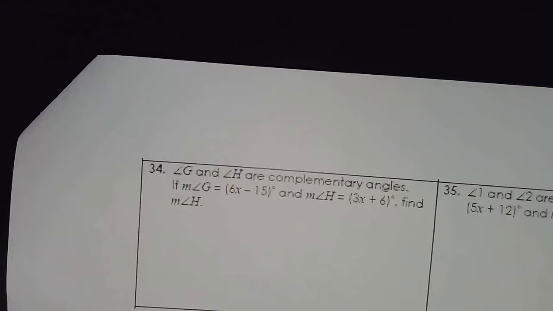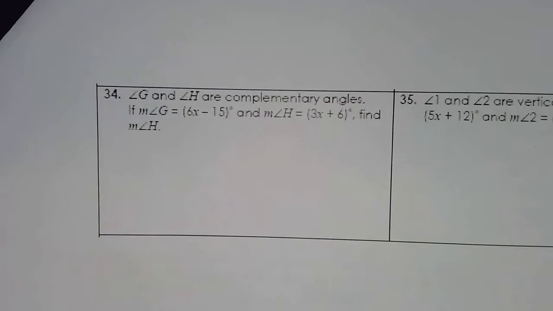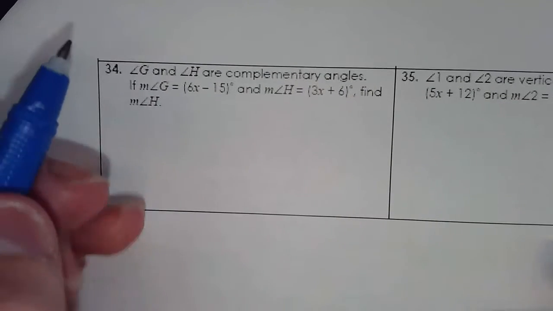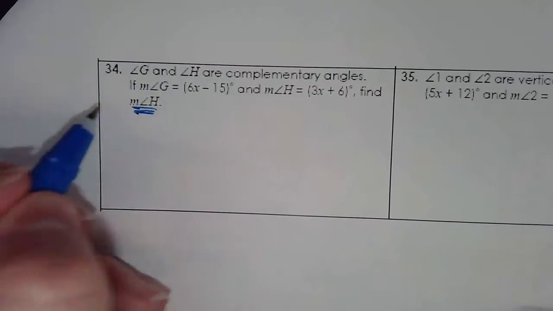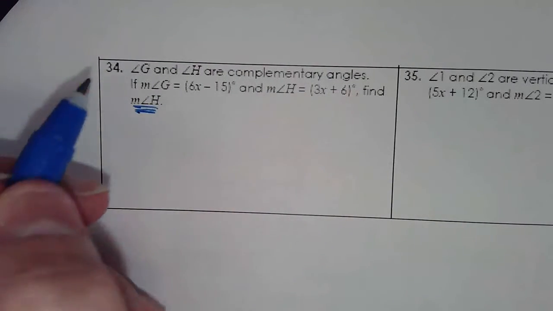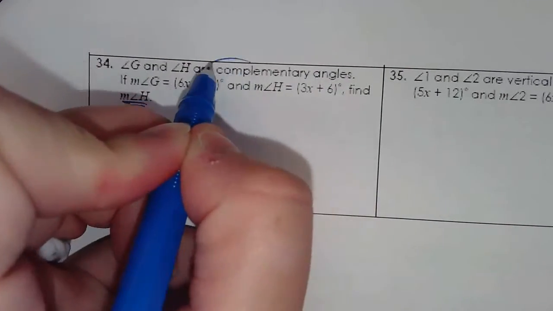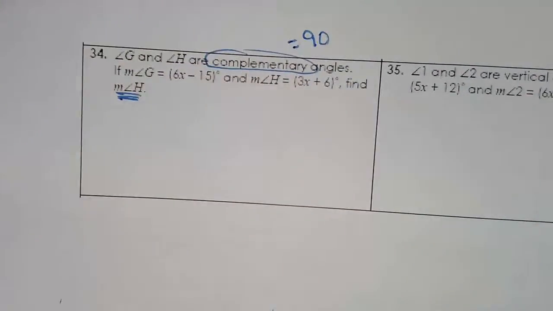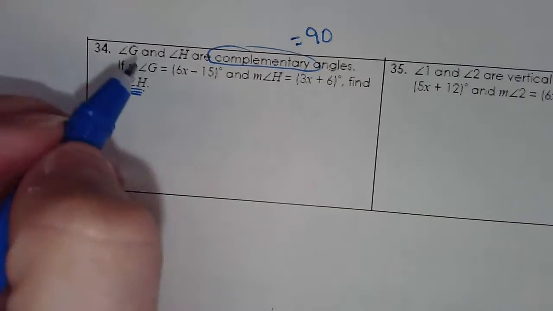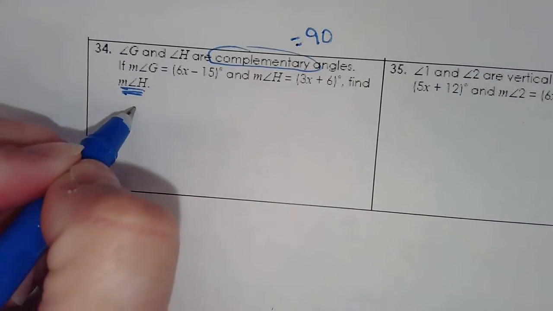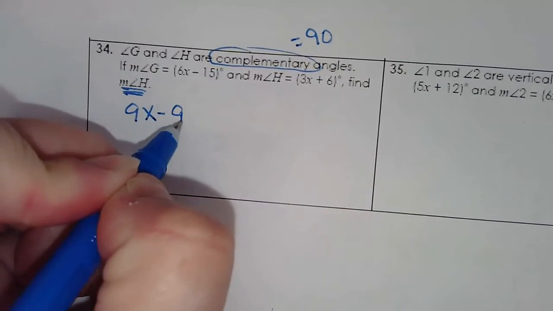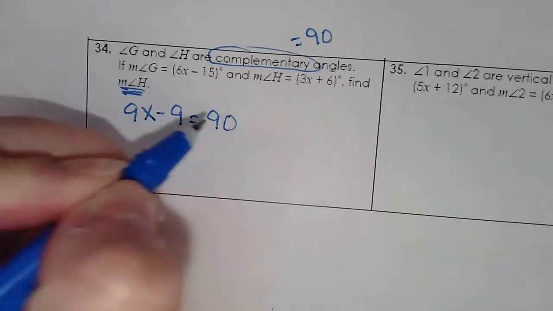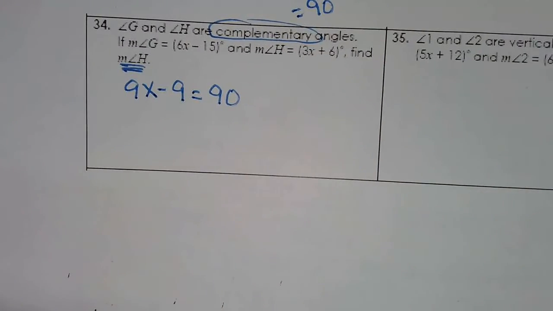Last page, last little bit. These ones we're going to have to plug it back in because it wants me to find the measure of angle H. So for 34, it says G and H are complementary angles. Complementary angles mean that they add up and equal 90 degrees. So we're going to add these together, 9x minus 9, and set it equal to 90. It's a lot of 9s going on.